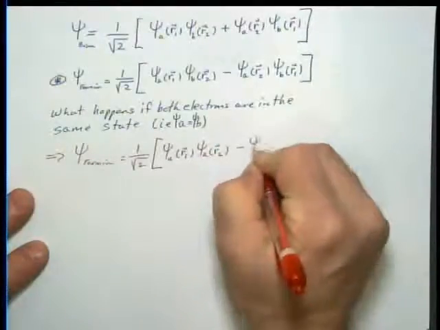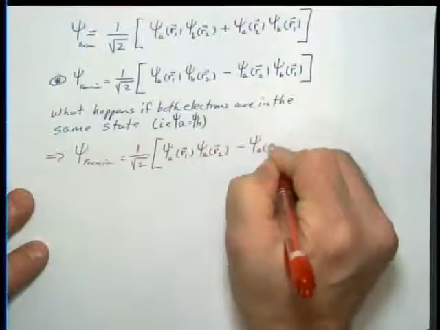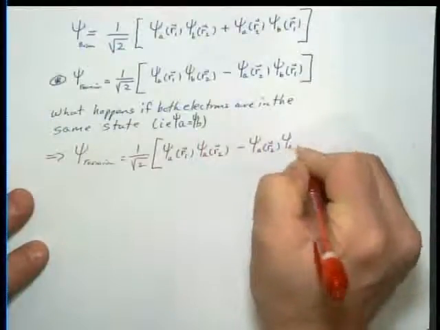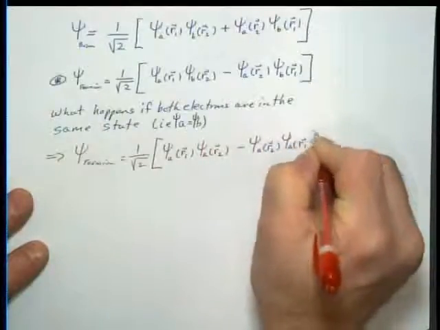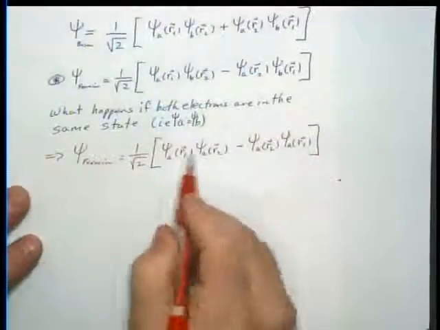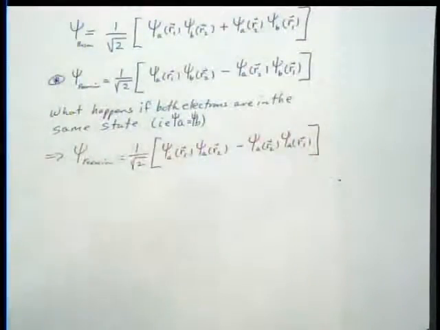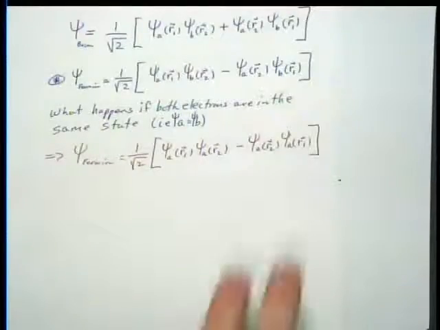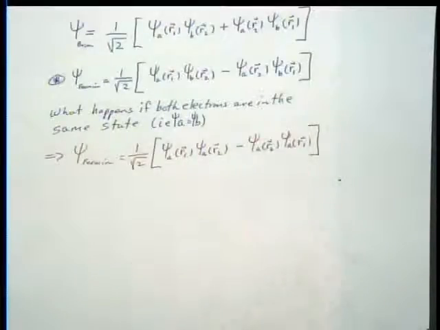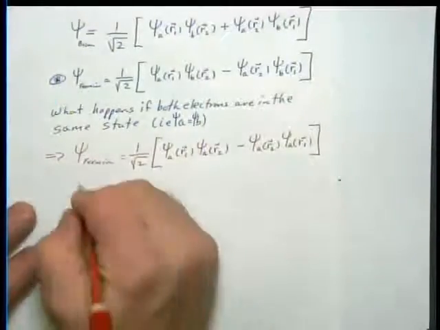Then I would subtract psi A of R2, psi A of R1. Now, what did I say about switching the order of the functions themselves and how they're multiplied? Does that matter? So you could just flip those if you like. So what is this equal to? 0. That's 0.